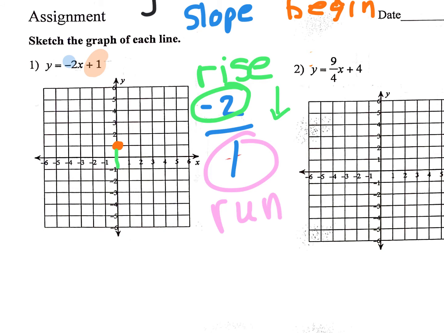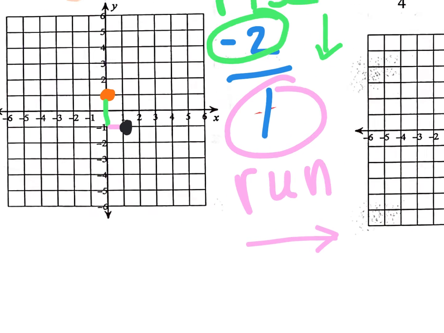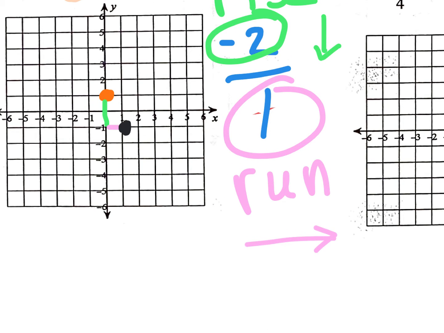And whenever we read a graph, remember I said you read it the same direction that a graph moves, this direction. So our rise, we're going to go down 2, and our run is going to be over 1. So that means your next dot to make that line is going to be down 2 over 1. It's important to note, these lines right here, those aren't actually part of the graph.